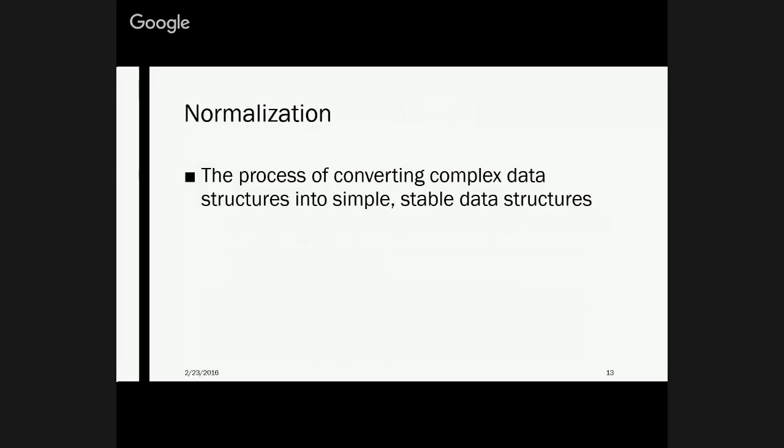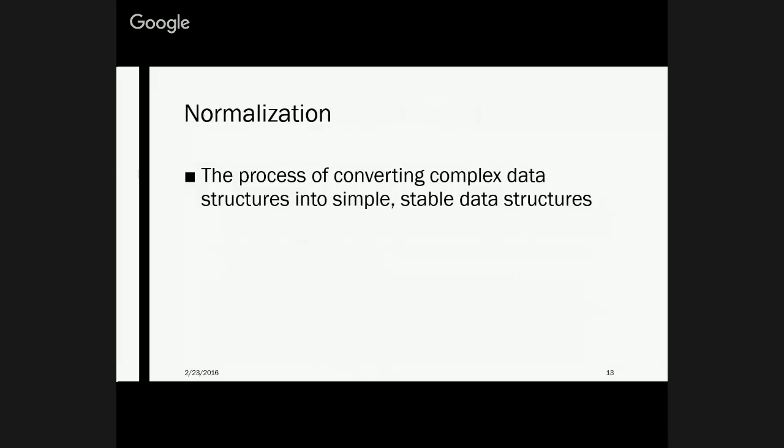So this is the process of converting complex data structures into simple, stable data structures. This is quite a different definition than the one that came up in our database book, but it makes sense in some ways, because it takes a structure and breaks it into all these other pieces.